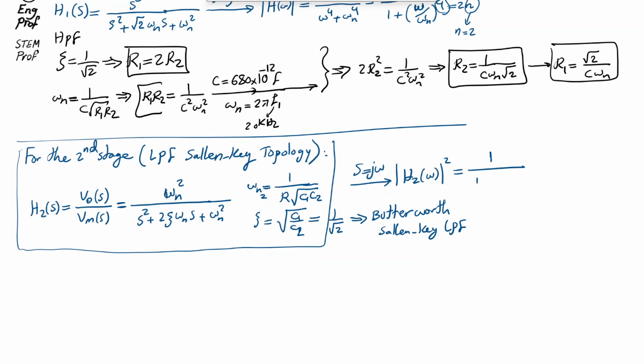It will look like 1 over 1 plus omega divided by omega n2 for the second stage, to the power 4. And that 4 is again 2 times n, where n is the order, which is 2. So it's a second order Butterworth Sallen-Key low-pass filter.